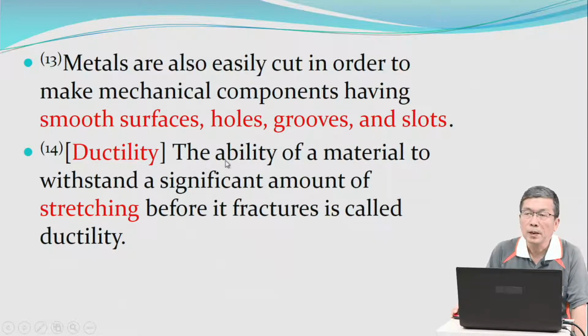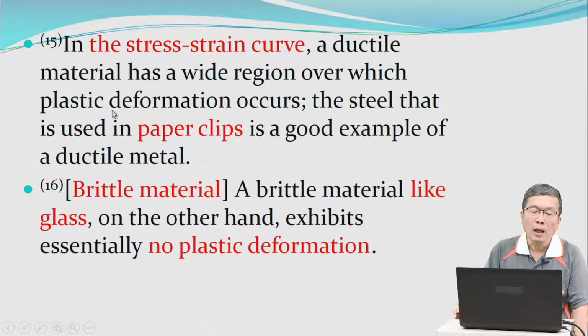Ductility is the ability of a material to withstand a significant amount of stretching before it fractures. The stress-strain curve: a ductile material has a wide region over which plastic deformation occurs. The steel that is used in a paperclip is a good example of a ductile metal.